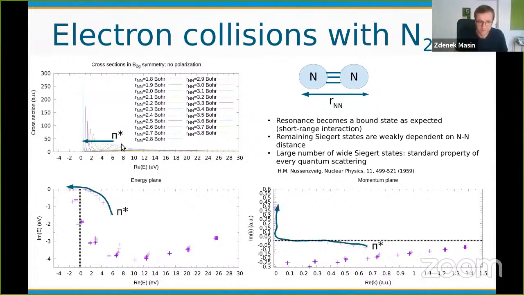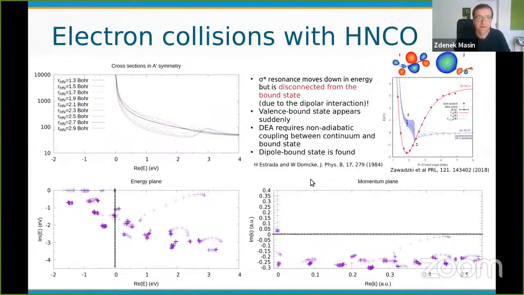And that's clear both from the complex energy plane and from the cross sections. So the resonance becomes narrower and the peak in the cross sections sharper, and it becomes a bound state. What we also note is that there is a large number of these very wide Siegert states. So this is a typical feature of every quantum scattering that was already shown in 1959.